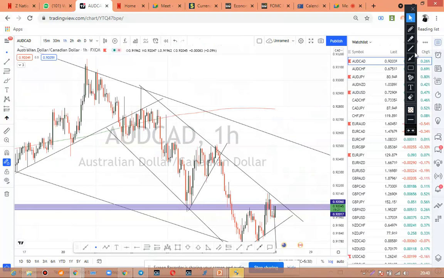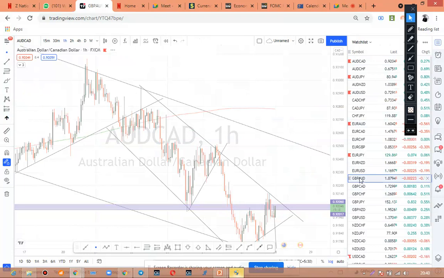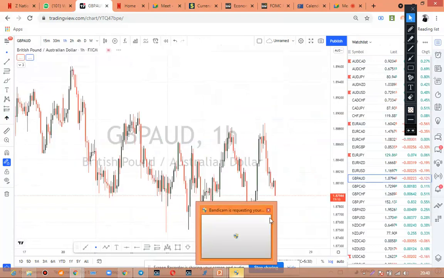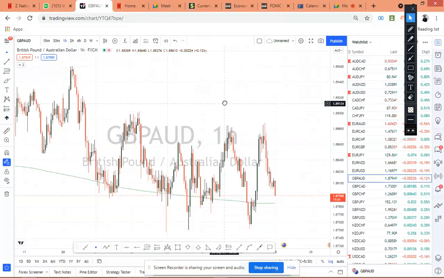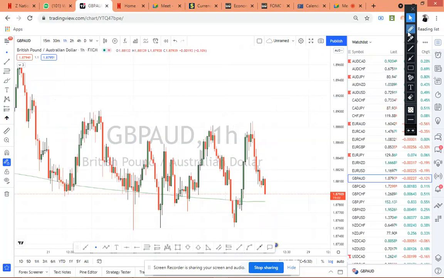Let me show you one thing. This is GBP AUD, right? What is it indicating here?